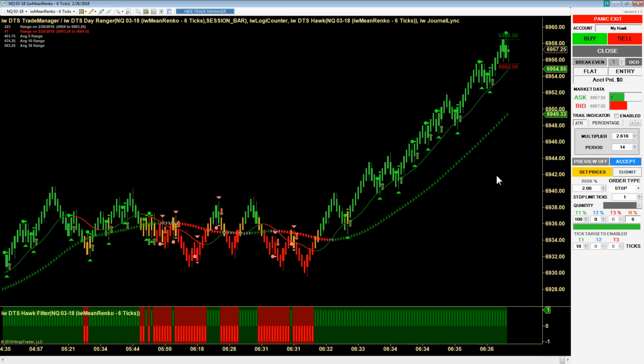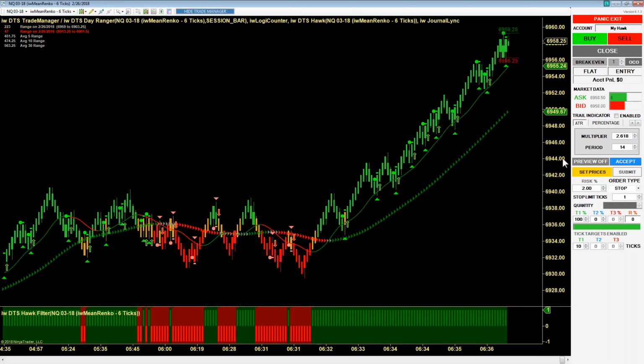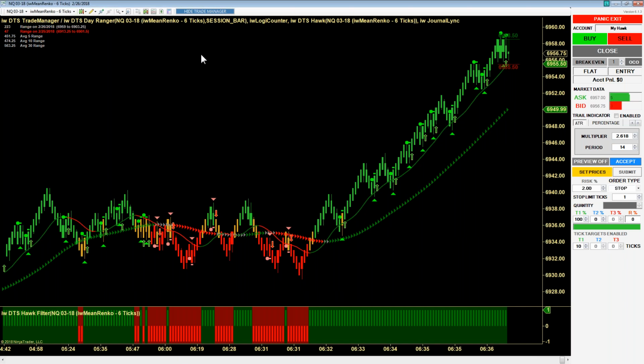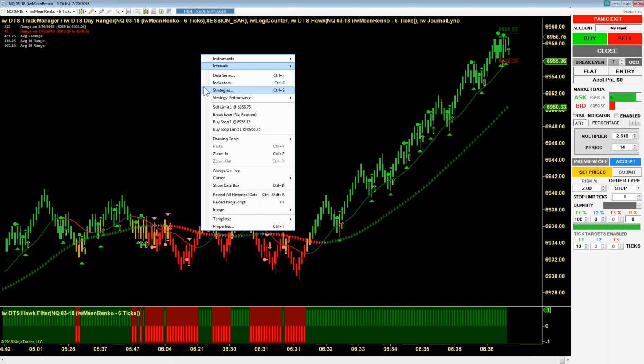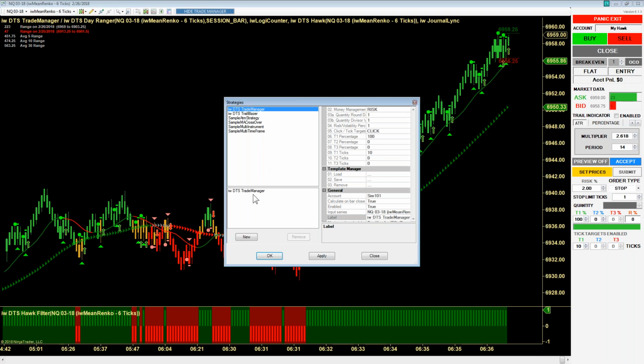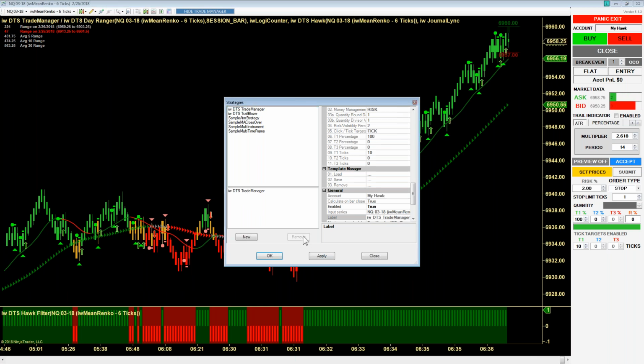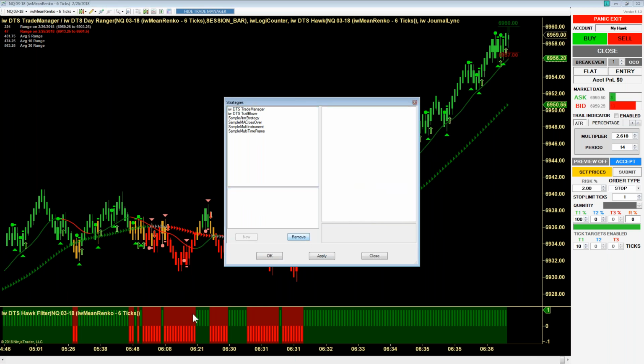All right. Sometimes it's not really a programming bug, but for some reason, sometimes the trade manager isn't computing correctly. So the easiest solution is to right-click on your chart, go here to your strategies window, highlight your trade manager, and click remove.